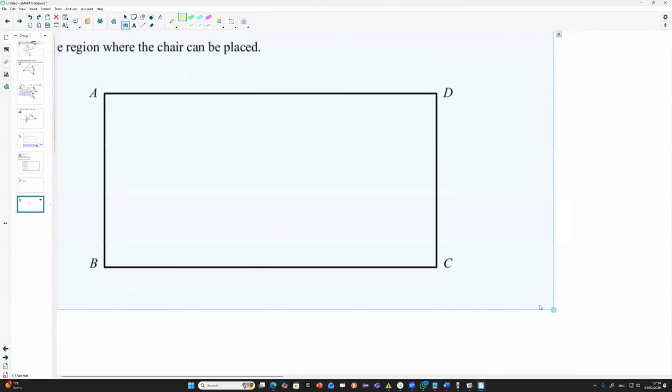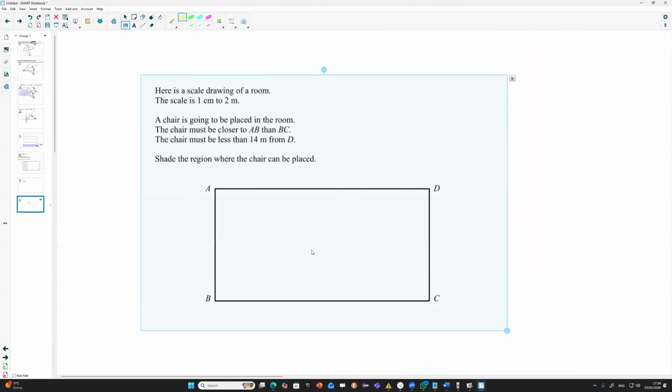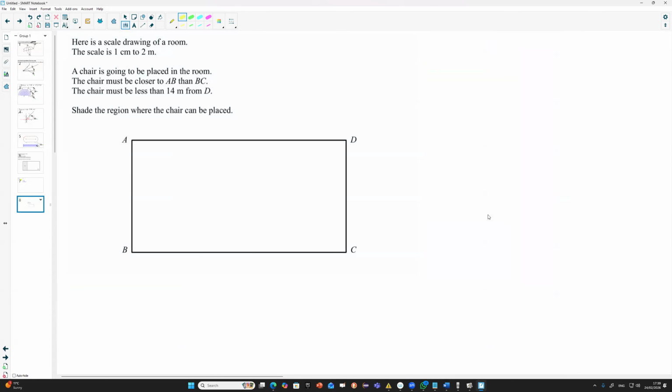Right, so we've got a scale drawing of a room. The chair is going to be placed closer to AB than to BC. So that's going to be the bisector, and it would be up here.